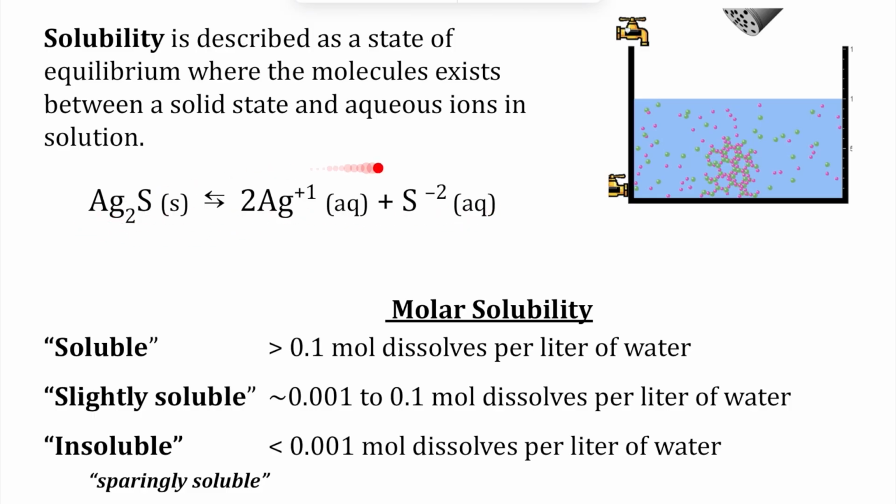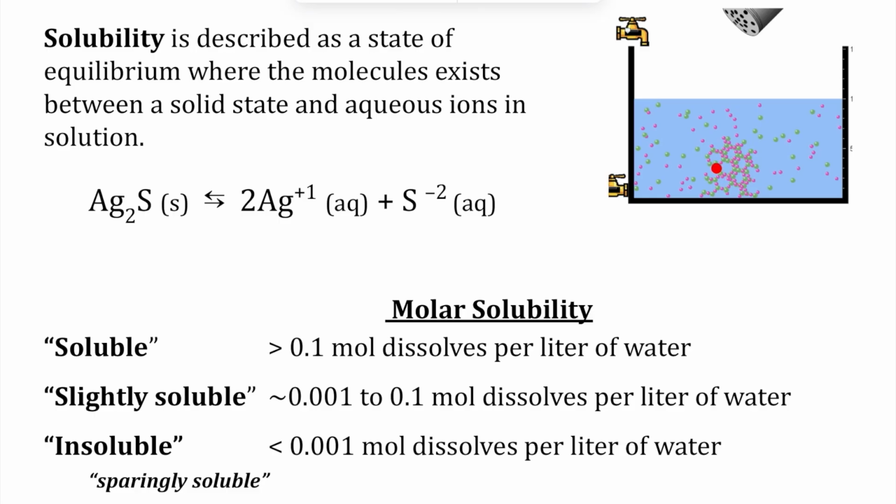And once this reaches equilibrium, we have silver ions that are going to be dissolved and floating freely in water, which would be maybe the green ones over here. And then we also have those constantly in that dynamic equilibrium, maybe two of these pairing up with a sulfur to be in that solid state.